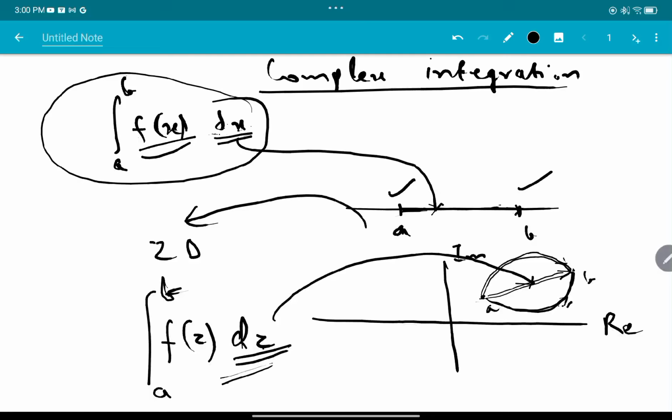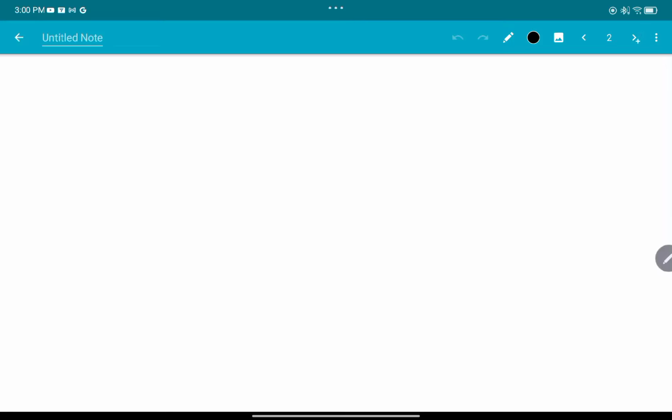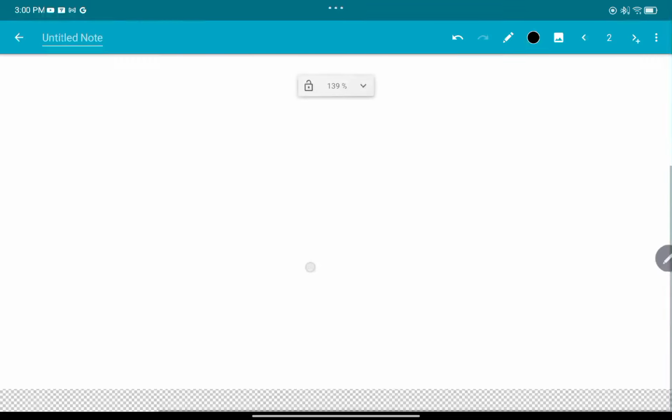So with so many options available, when we speak of the importance of path, it is so important in complex integration that when we say, find the value of this complex integral from, say, 3 plus 2i, a complex number, to 5 plus 6i, we say that the question is wrong.